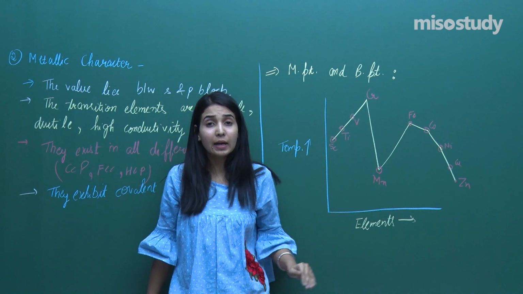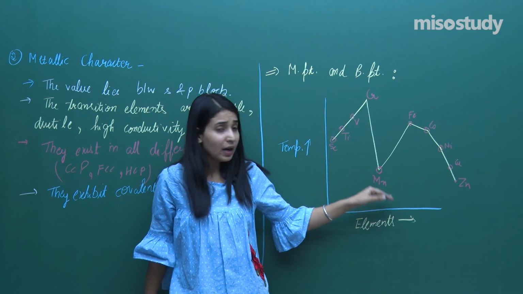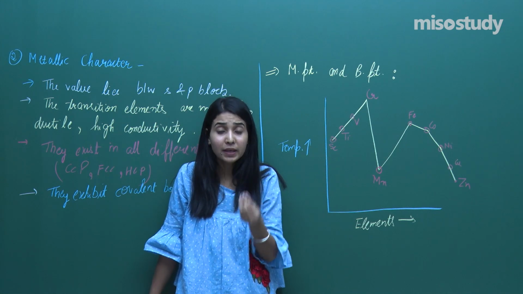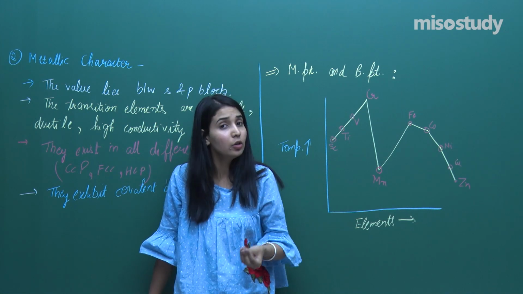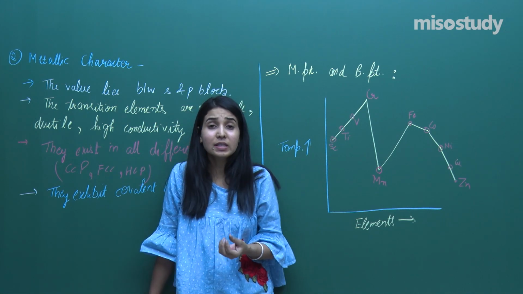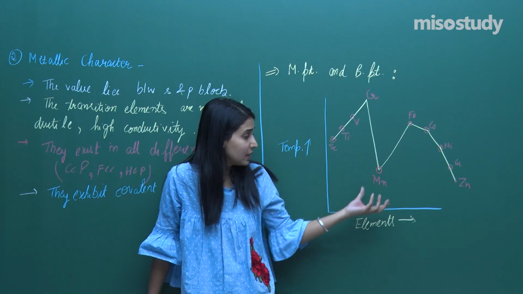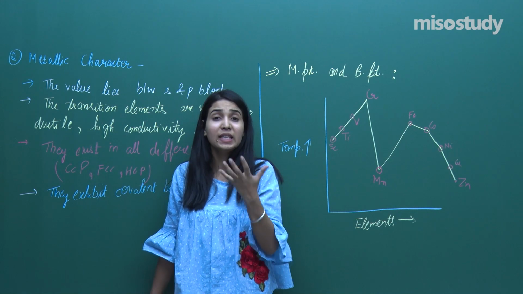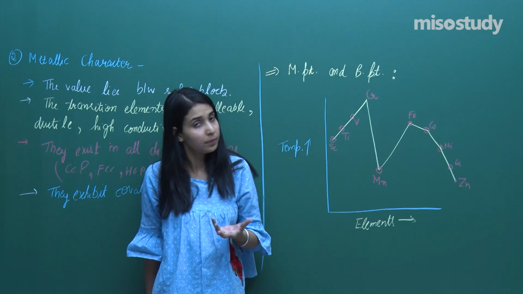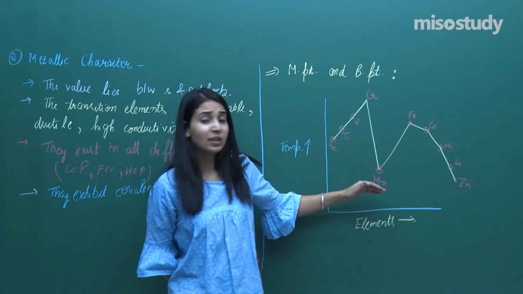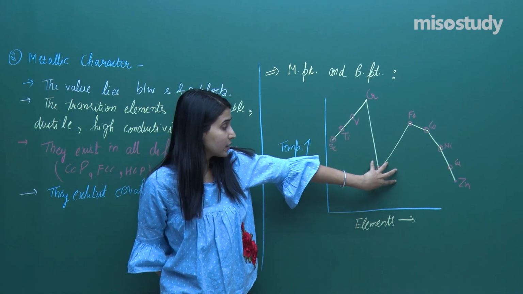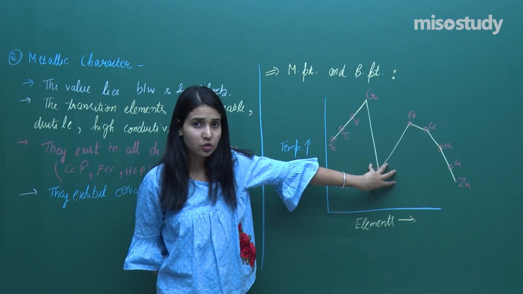But after that, for Mn, there is a dip because of the stable half-filled configuration. If the configuration is half-filled, it would be easier to have a lower melting point. That's why the reasoning for the dip in the graph is on the basis of the half-filled configuration, right?